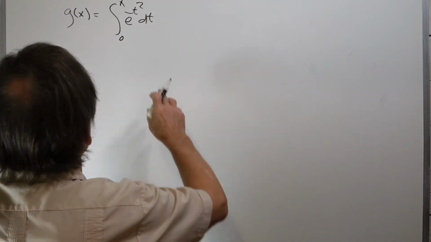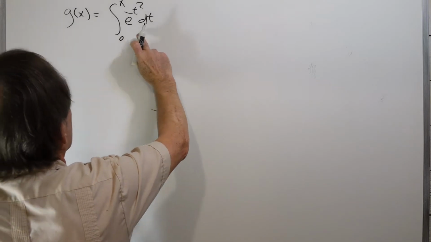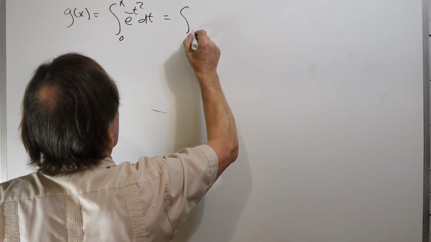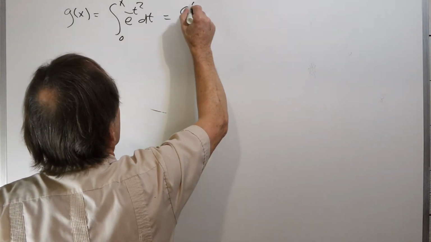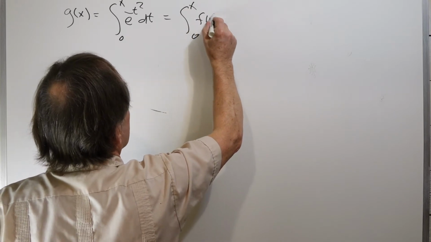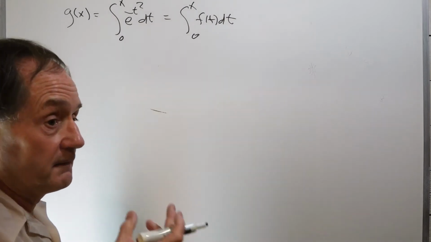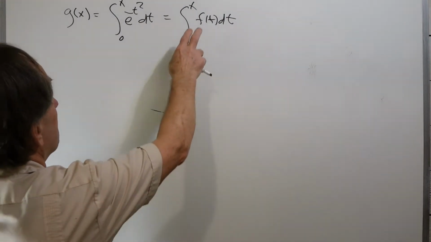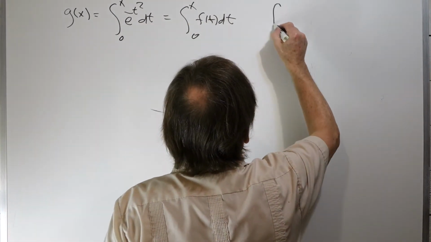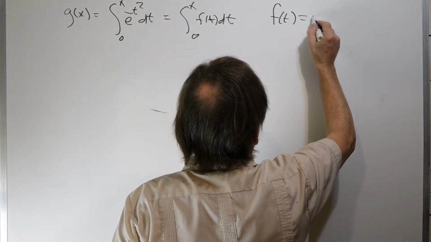Now, remember that this is of the form 0 to x of some f of t dt. This is the integral of some function f of t, which is f of t is just e to the minus t squared.